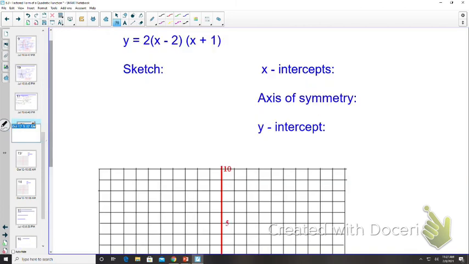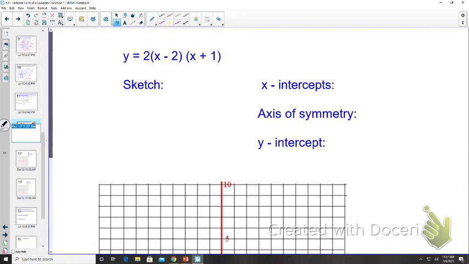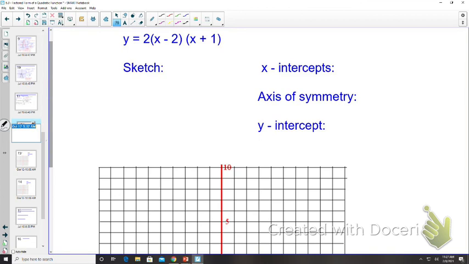Okay, so example 7, we are given an equation in factored form. So we're going to sketch it. We know from our x-intercepts, so what is going to set this equal to 0? So x minus 2 equals 0, plus 2, x equals 2. So one x-intercept is 2 comma 0. And then what sets this one equal to 0?